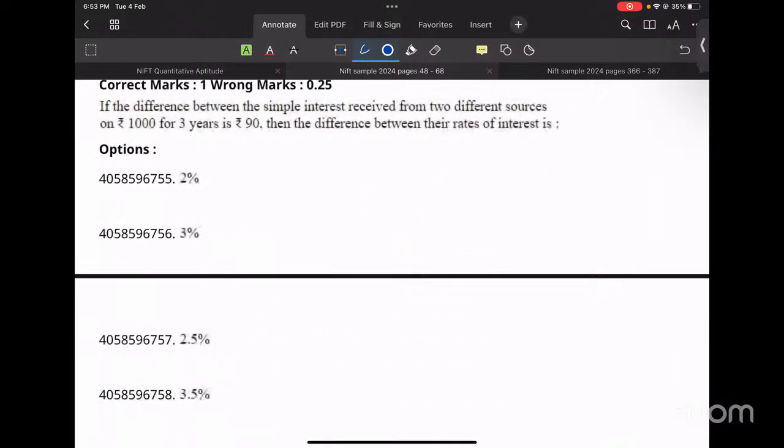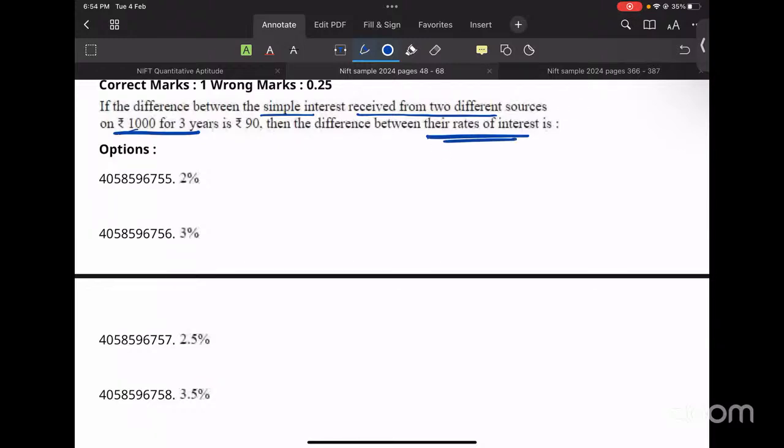Next question, another question from interest. You can find two questions from that chapter in a single question paper. The difference between the simple interest received from two different sources on ₹1,000 for 3 years is 90. Then find the difference between their rates of interest.